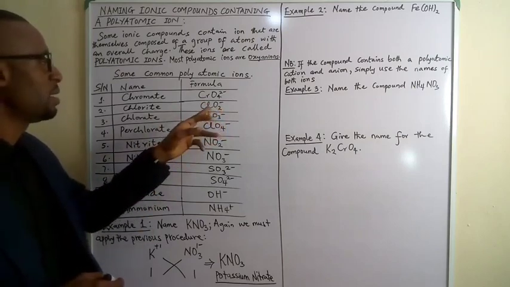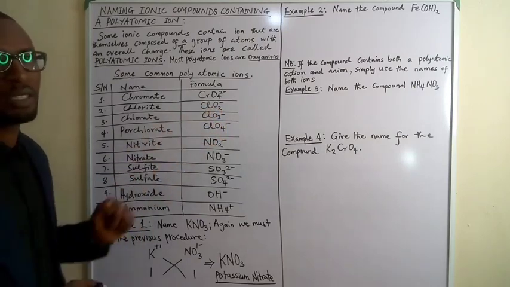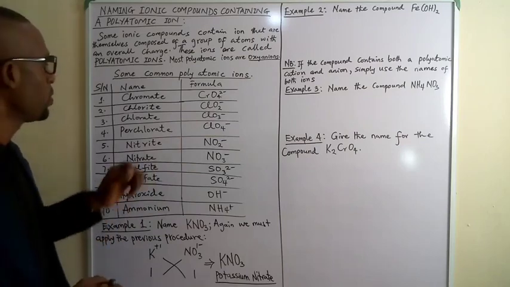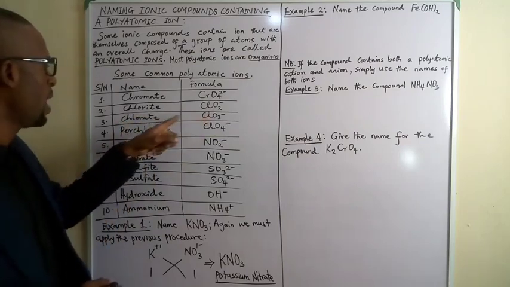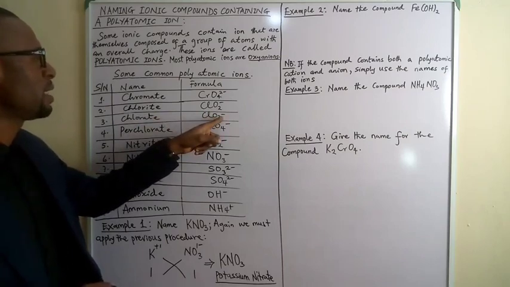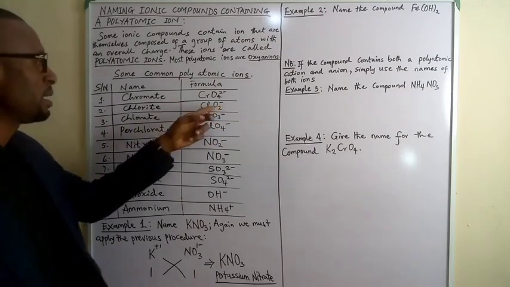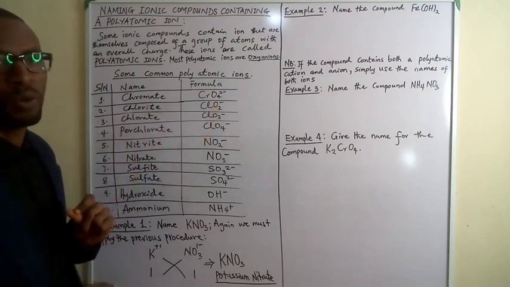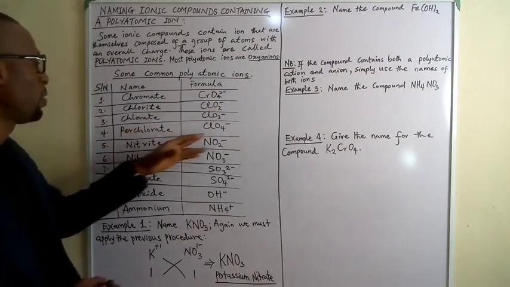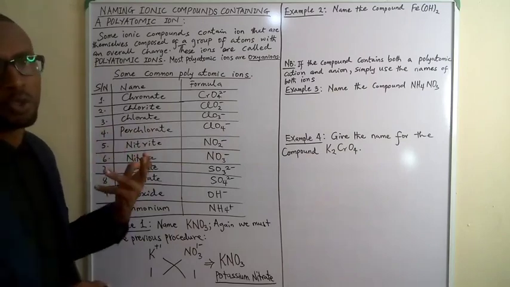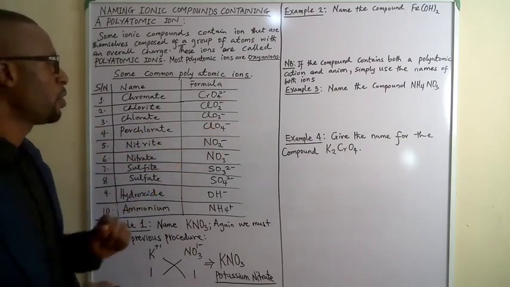The chlorate ion has 3 atoms of oxygen, while the chlorite has fewer, 2 atoms of oxygen. Perchlorate is usually the one that has the most oxygen.